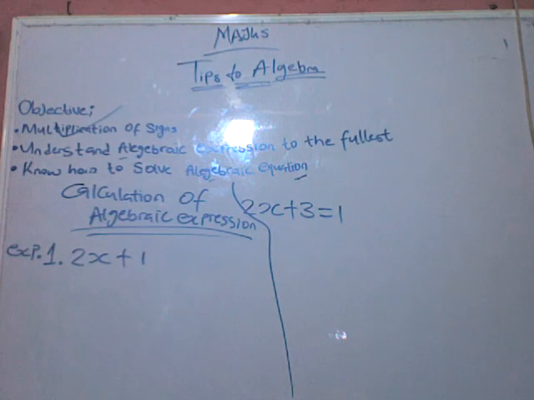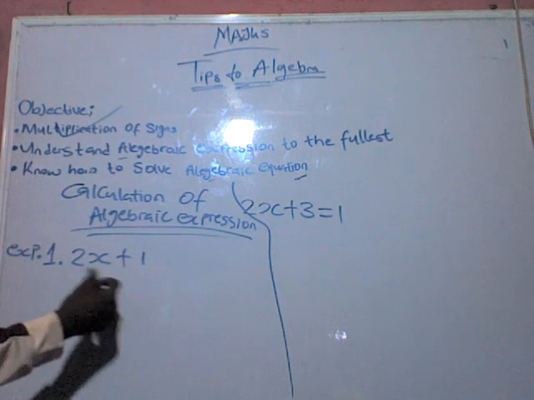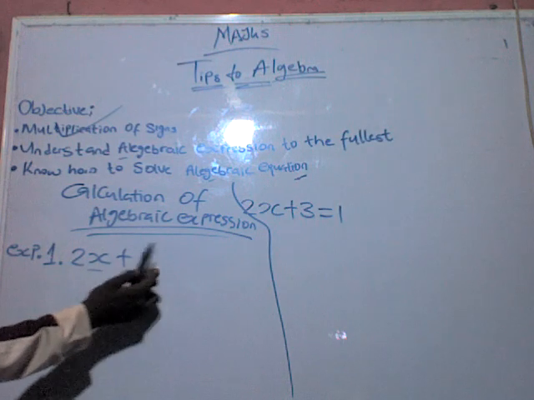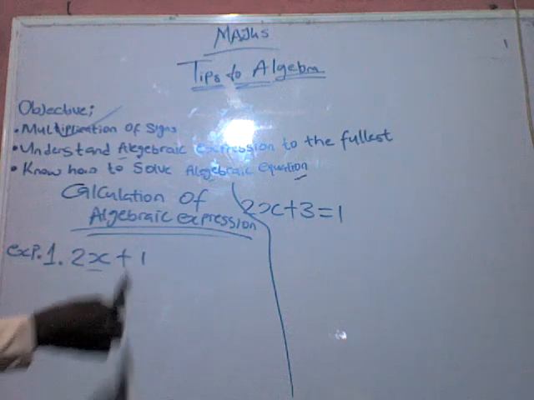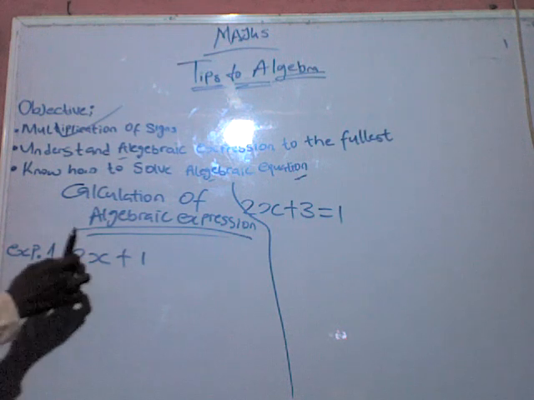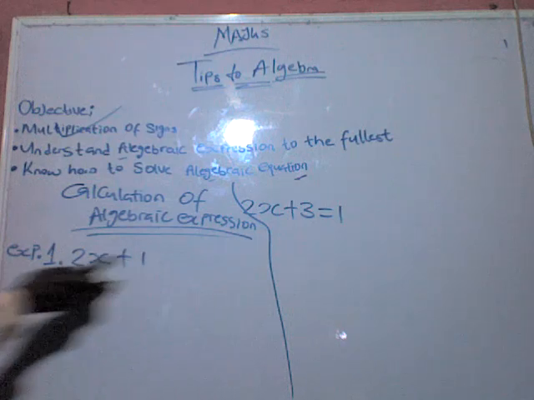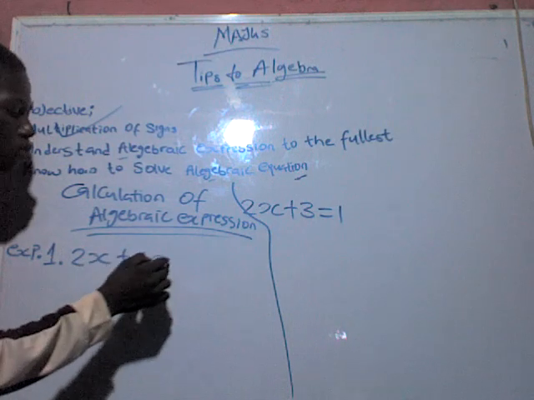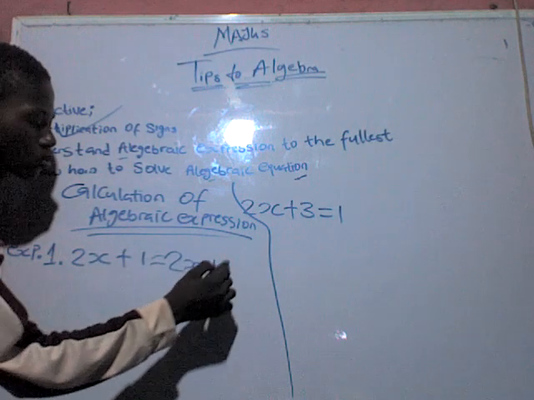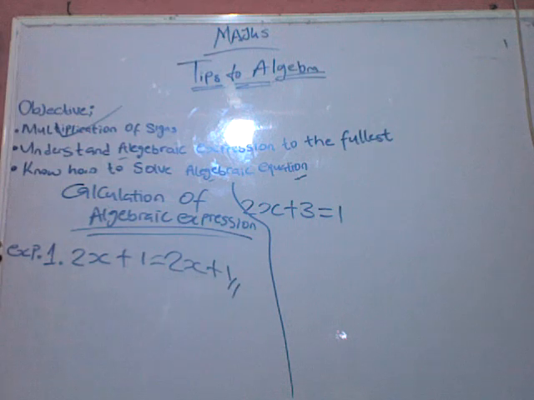The first thing we have to consider is whether they are of the same variable, or of the same family. So 2x carries x and 1 carries nothing, doesn't have an x, so we can't add these up. So our answer will give us 2x plus 1, since we can't add them together.